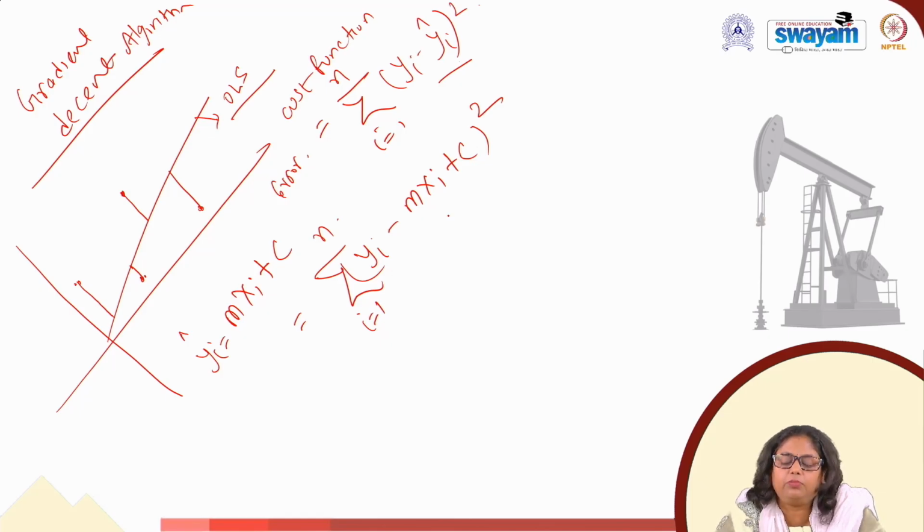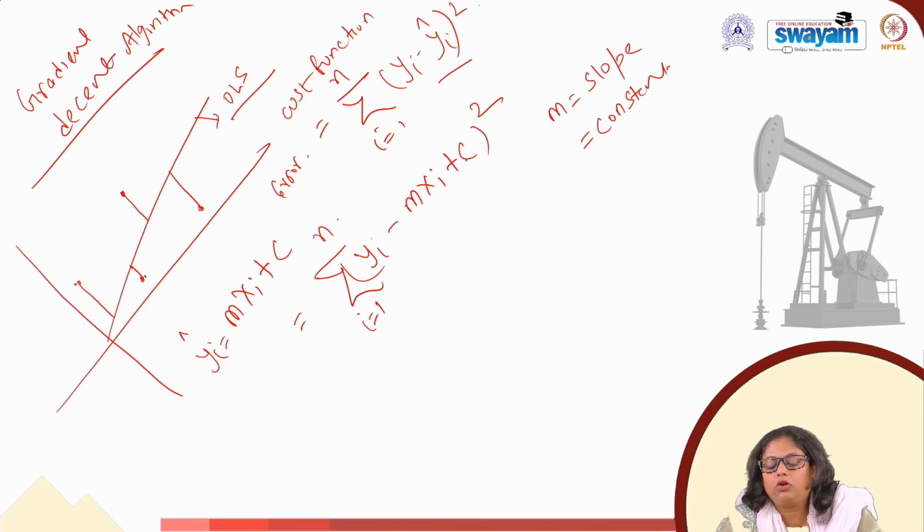Just assume that we are keeping m constant. m is nothing but the slope, so we are making it constant. If m is constant, which parameter do we need to work with to make this expression minimum?